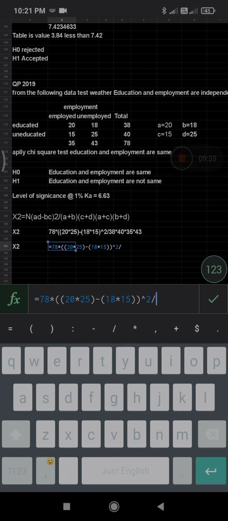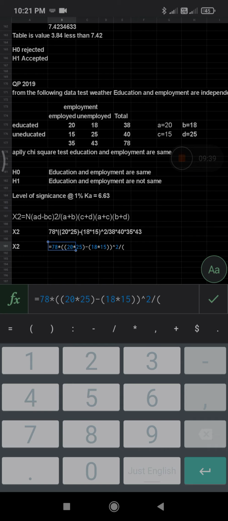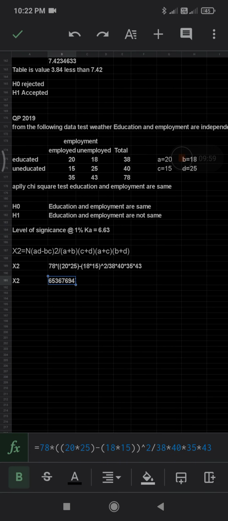Next you should calculate in bracket 38 bracket close into 40. I'll just calculate like that directly: 38 into 40 into 35 into 43. I'm unable to calculate, I'm not getting it correctly, so I'll put a bracket here.